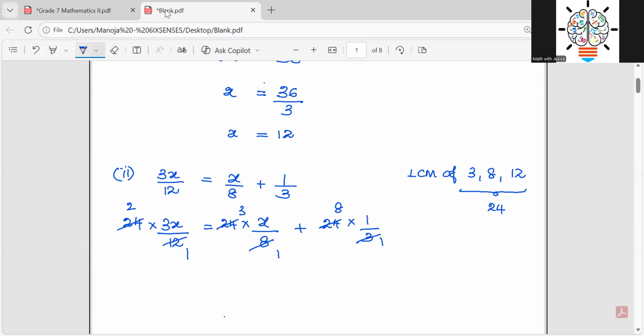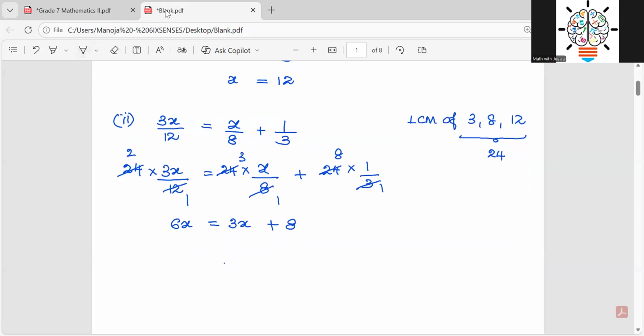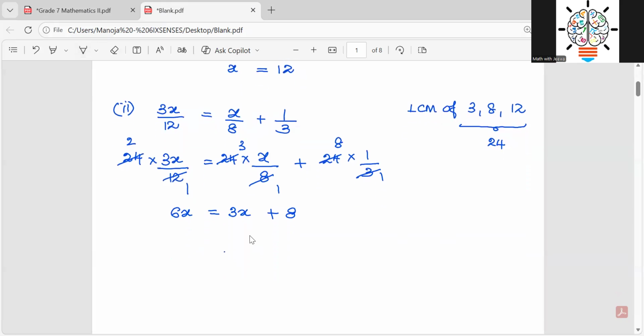I want to double check whether I did it correctly. 3x over 12, 12 times 2, correct. x over 8, 8 times 3, 24. 1 over 3, 3 times 8. 2 times 3, 6x equal to 3 times x, 3x plus 8. Right? So then how are we going to get the answer?